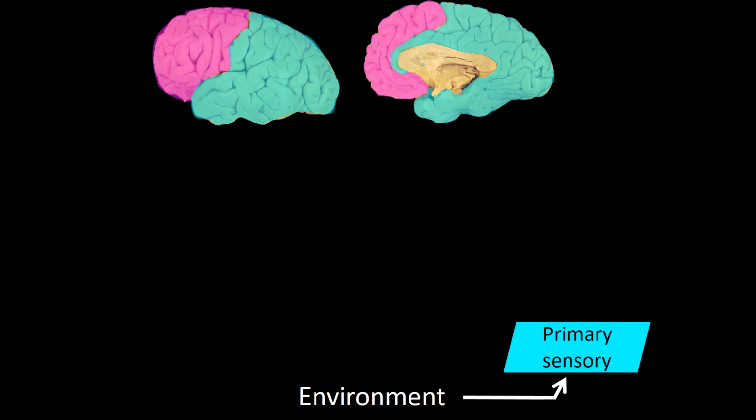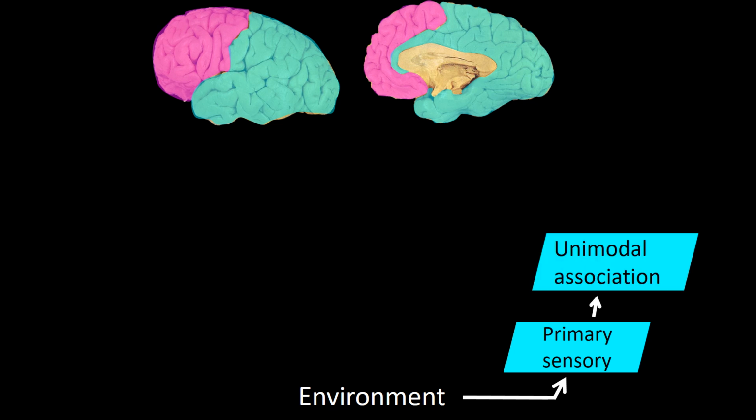Interaction is initiated at the primary sensory cortex. The primary sensory cortex captures the information in its most elementary fashion, and passes it on to the unimodal association area, where these elements are interpreted in the context of the specific sensory modality involved.